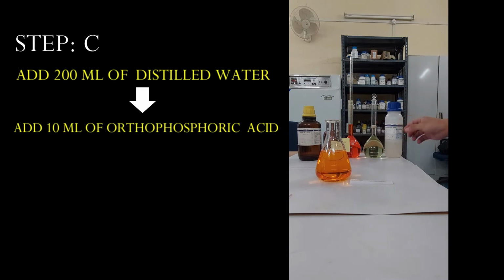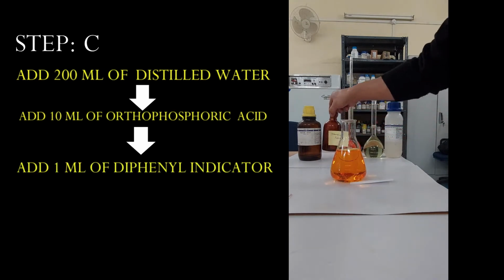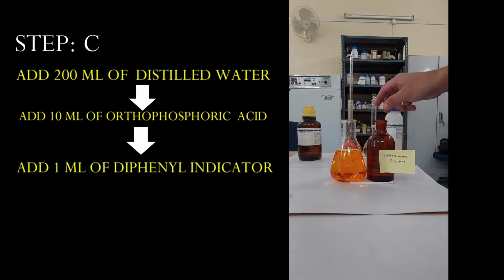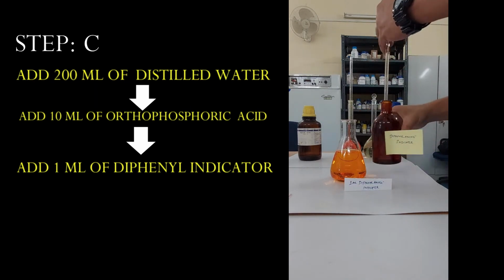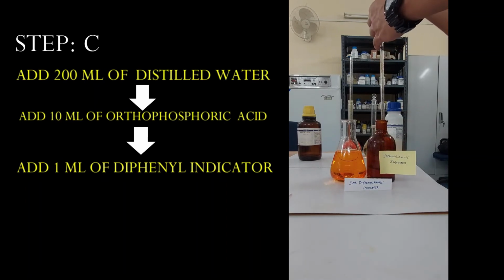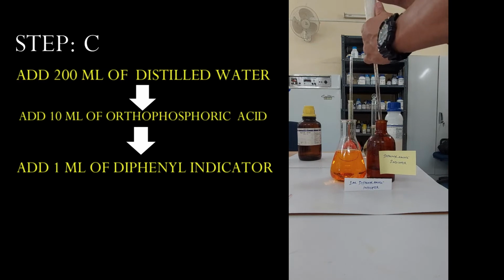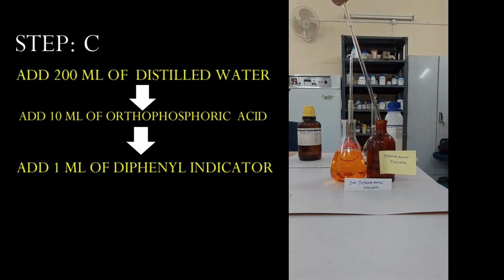And last but not the least, add 1 ml of diphenyl indicator into it. And on addition of diphenyl indicator, you will see that the color changes to dark blue.